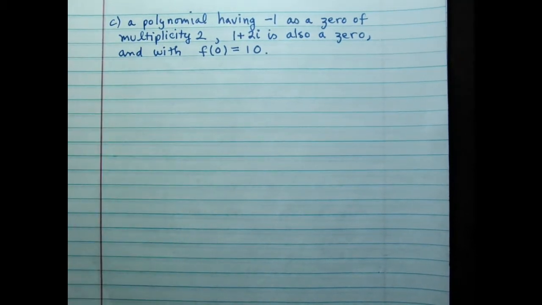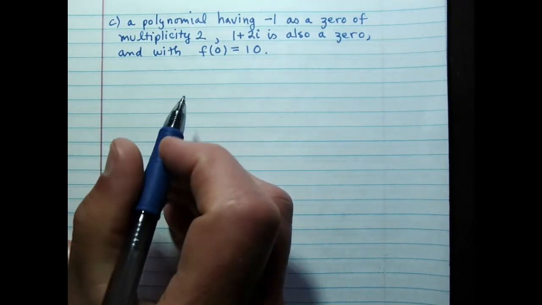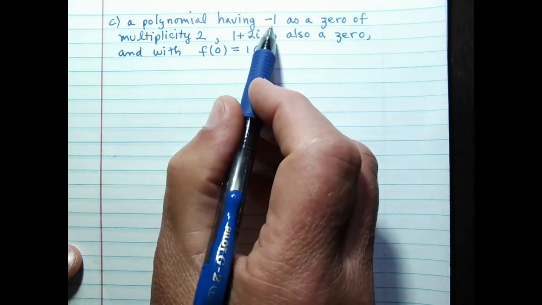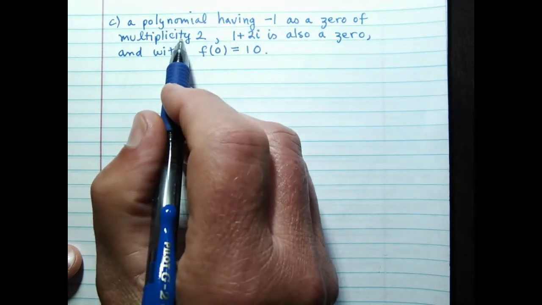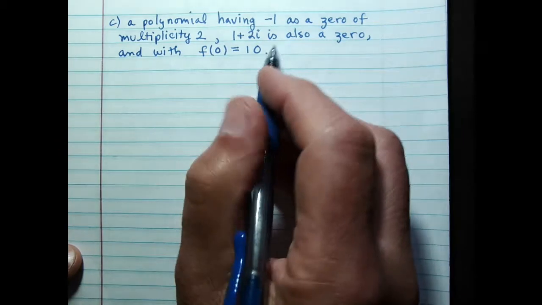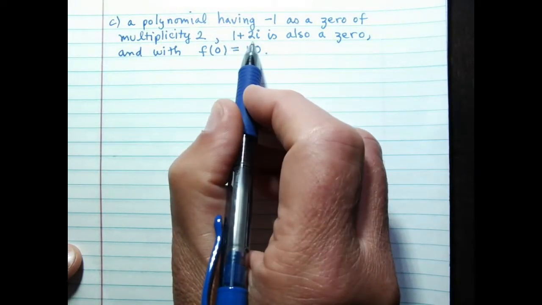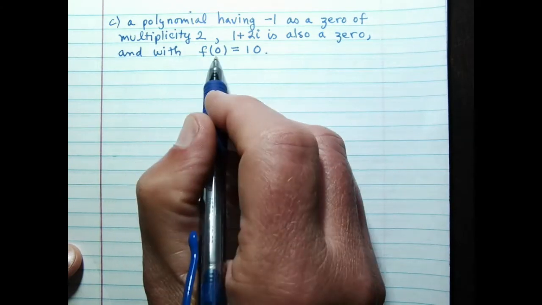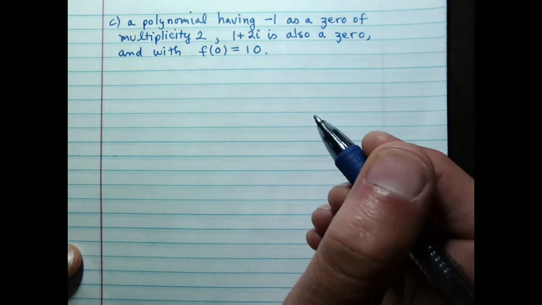I'll take my time as I go through and hopefully help you see that it's really not so bad if we just take it step by step. So we want to set up a polynomial having -1 as a zero of multiplicity 2, and we want 1 plus 2i to also be a 0, and we've got to have f of 0 be equal to 10.